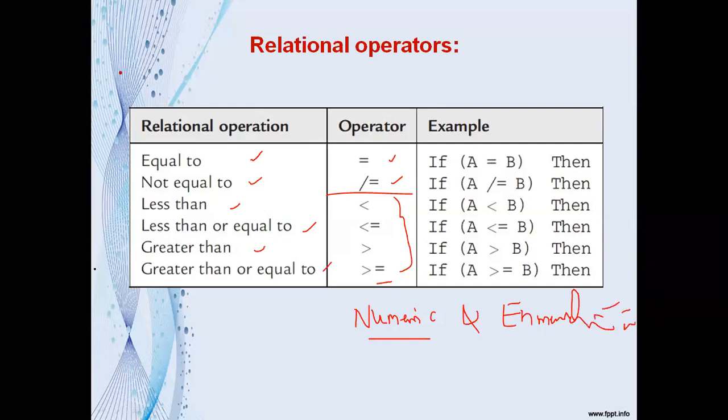So out of the 6 relational operators, the first 2 can be used for any type except the file, but the last 4 are used only on the numeric and enumeration types.